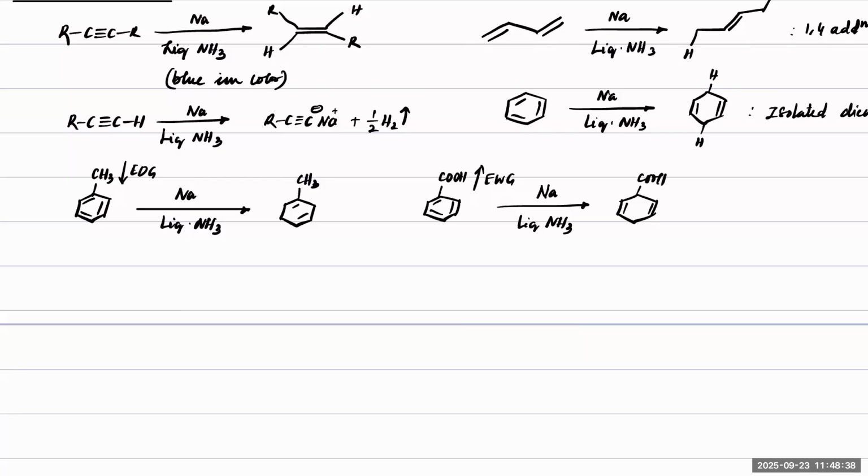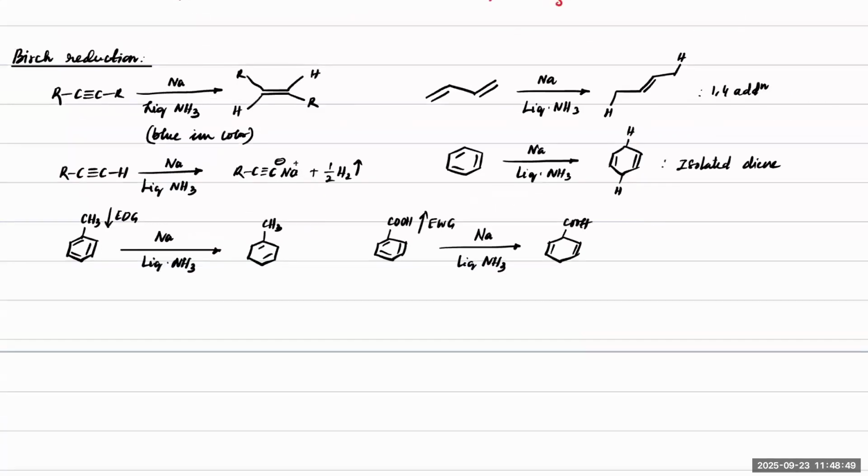Again, don't get into the mechanism part, just remember electron donating groups, you will put slant double bonds. Electron withdrawing group, you get vertical double bonds. Okay, so this much information is what you essentially require for Birch reduction, correct?